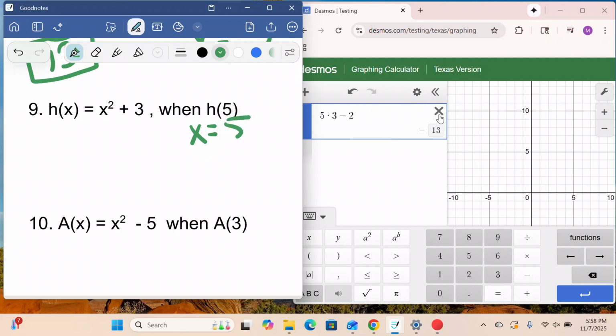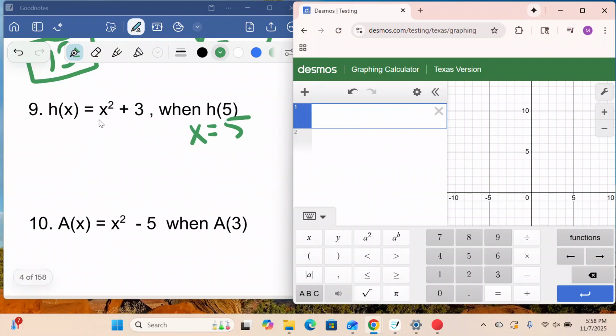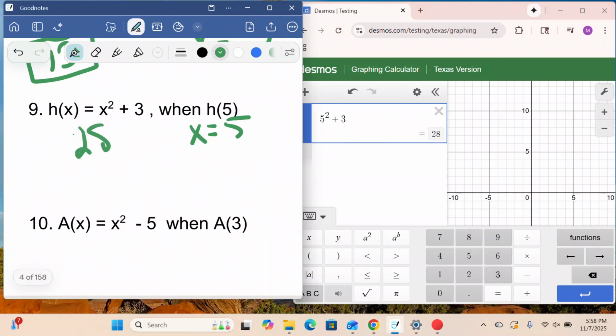So we're going to get on our Desmos, and we're going to just put in the value of x. We are going to put in 5. And then, of course, you're going to get your square by pushing a to the second power. So it pops up our square. And then we're going to add 3 to that. And the answer is 28, just by understanding our Desmos calculator.